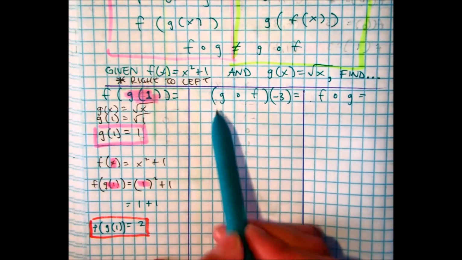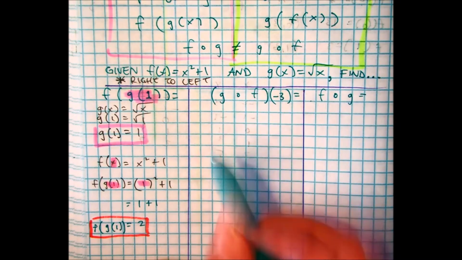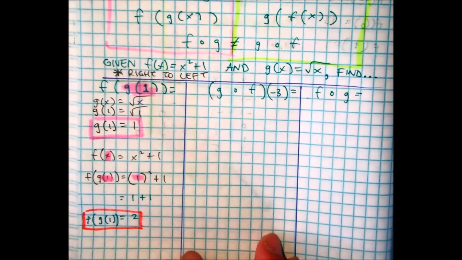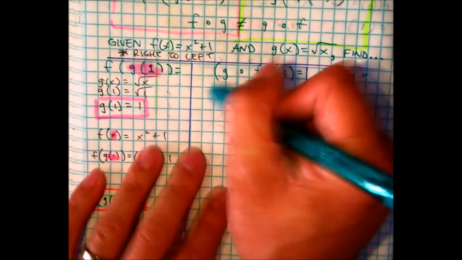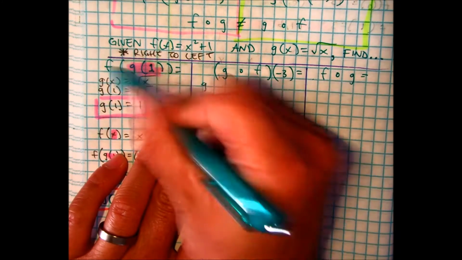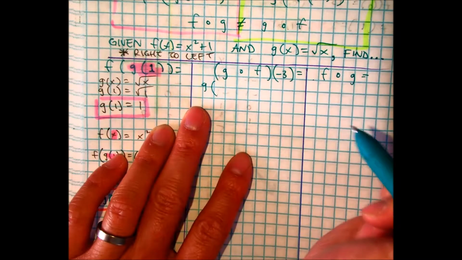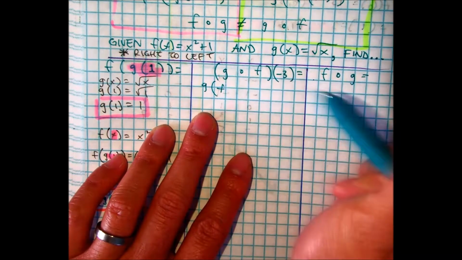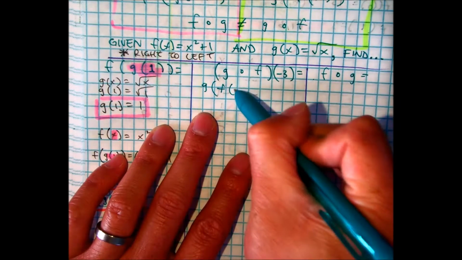This one looks kind of funny. G of f of -3. How would I write that in function notation, class? What letter do I write first? G. Let's write it just like this one. Now what? F of -3.